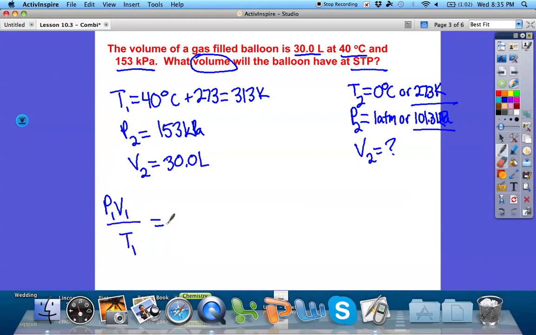Remember the equation: P1 times V1 divided by T1 equals P2 times V2 divided by T2. Now we can start plugging things into our equation. I mislabeled this here. It should be P1 and V1. P1 is 153 kilopascals.